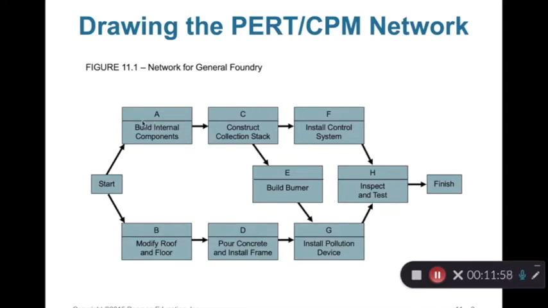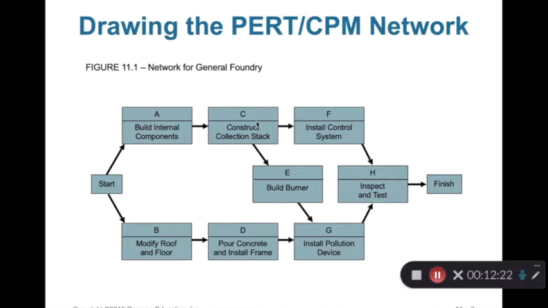For example, this activity A, and we write down the description for A and C. But you may notice the arc, right? This is the arrow that shows the relationship because we already know A and B have no immediate predecessors. So that's why we just put a start node.